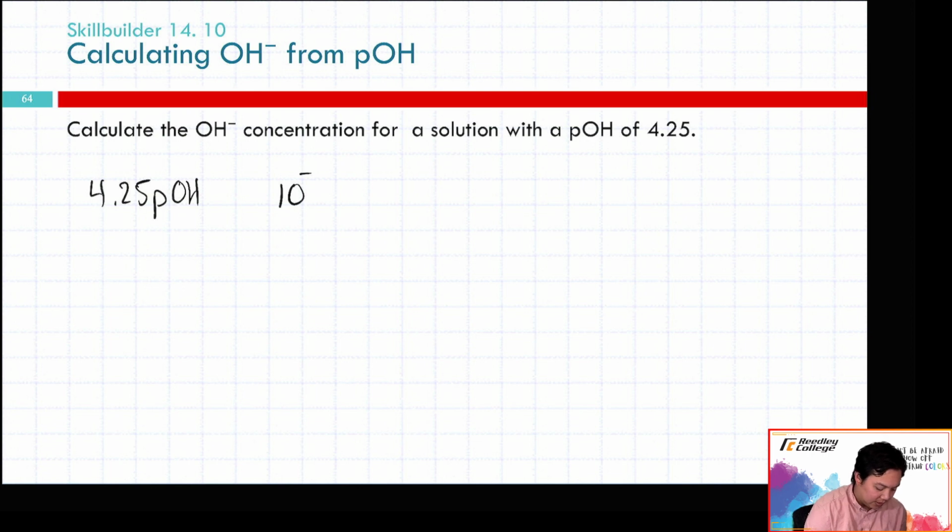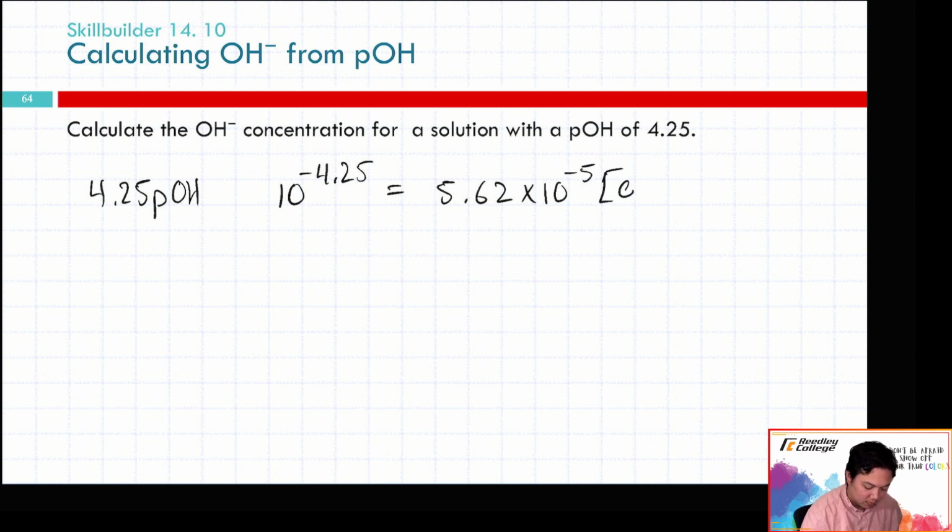So we're just going to raise 10 to negative 4.25, and that's 5.62 times 10 to the negative 5 concentration of OH.